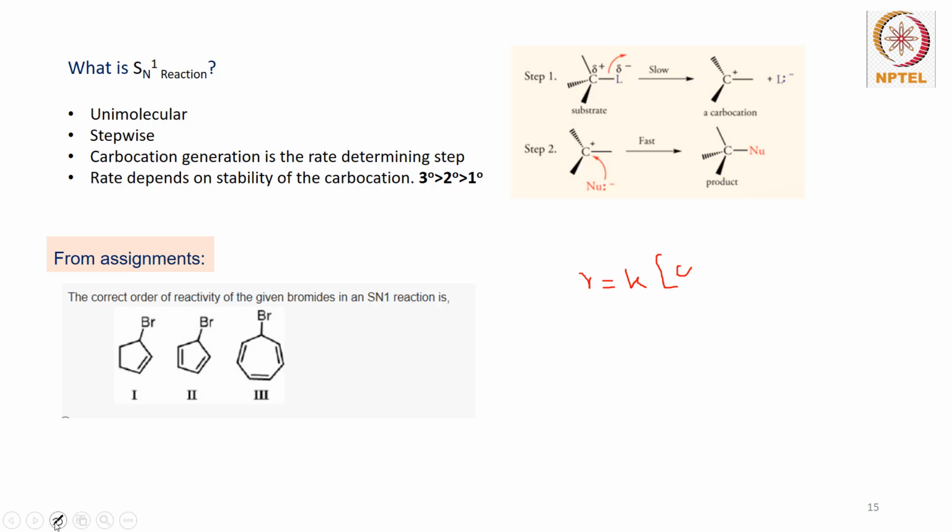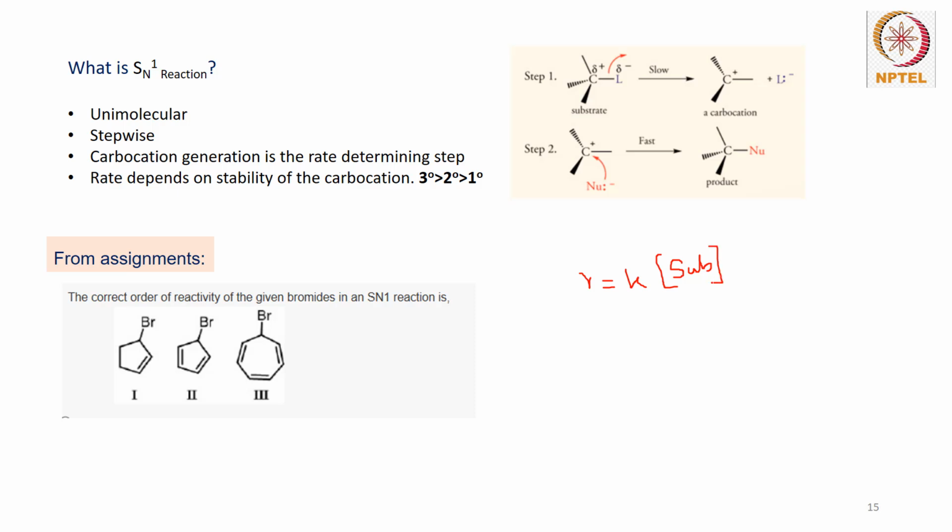Now in case of SN1, you can see that in this slow step only the substrate is involved. The nucleophile is not involved in the first step. So the rate law only depends on the substrate. That's why it's called unimolecular, or a first order reaction.